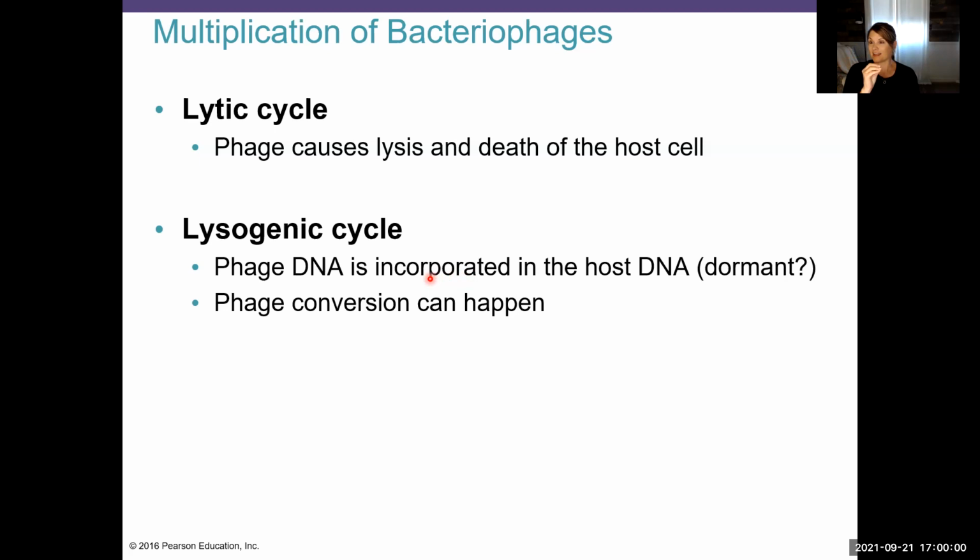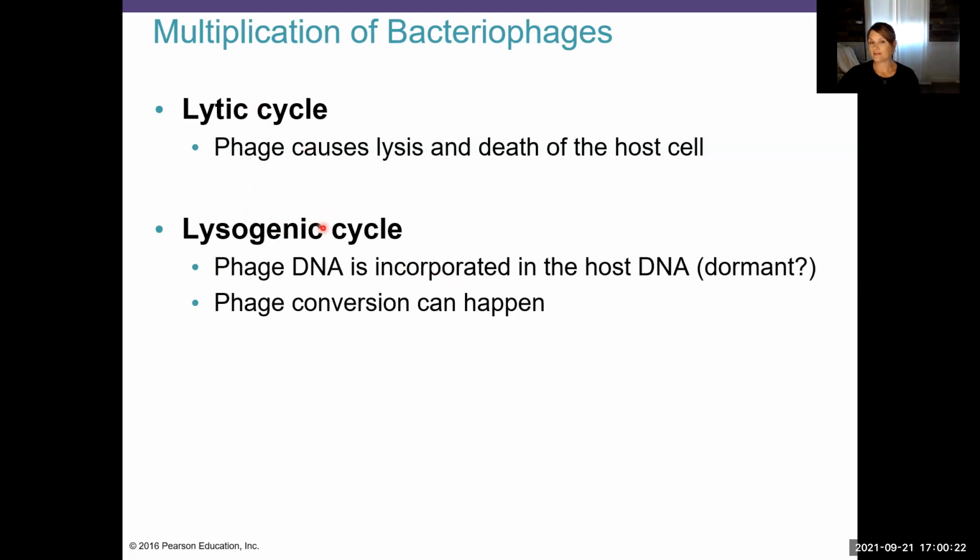And it may just stay like that for a long period of time. Okay, staying dormant until maybe the conditions are better that it can replicate. So the virus kind of knows when to do this. It knows when it should just hide, and it knows when it should pop back out and start the lytic cycle again. So it can kind of go back and forth between these two.